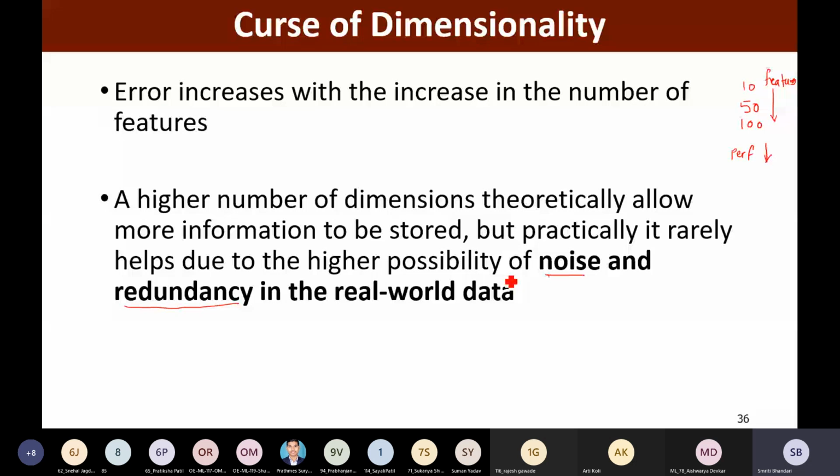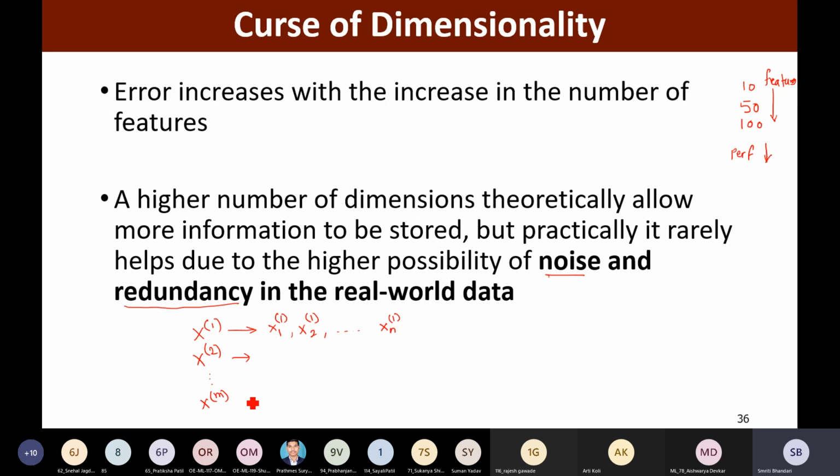What do we mean by that? Suppose I'm talking about an example wherein I have the instances x1, x2 up to xm, and every instance is described with features. So I have the first feature of the first instance, the second feature of the first instance, and so on, up to the nth feature of the first instance.